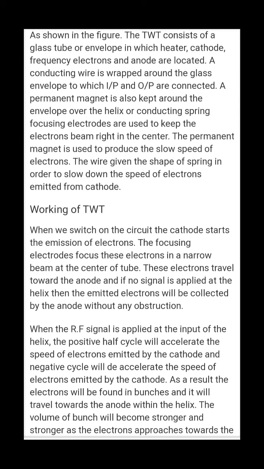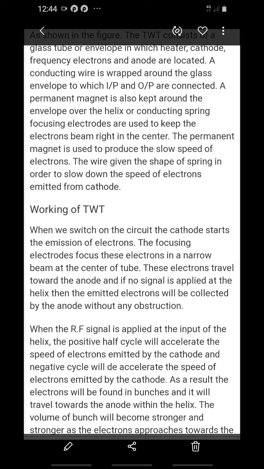As shown in the figure, the TWT consists of a glass tube or envelope in which the heater, cathode, electrons, and anode are located. A conducting wire is wrapped around the glass envelope to which input and output are connected.